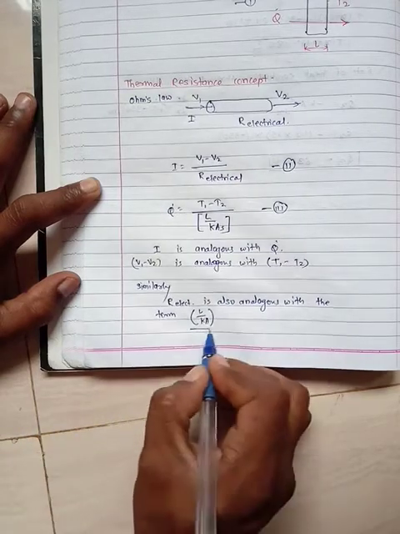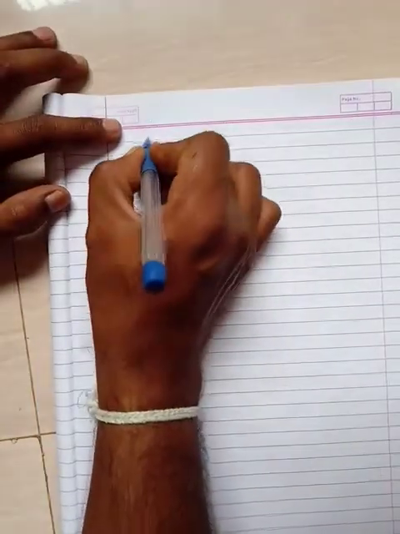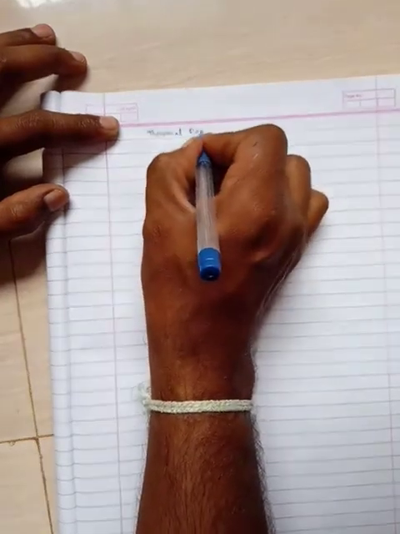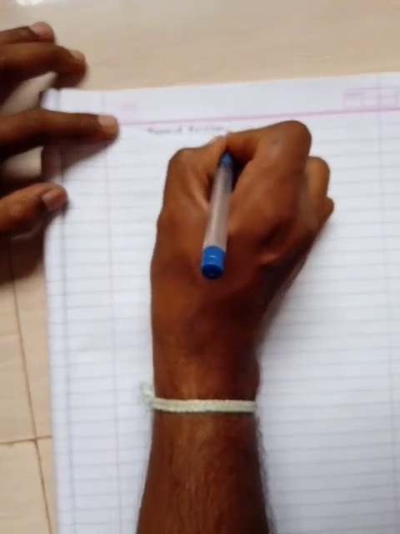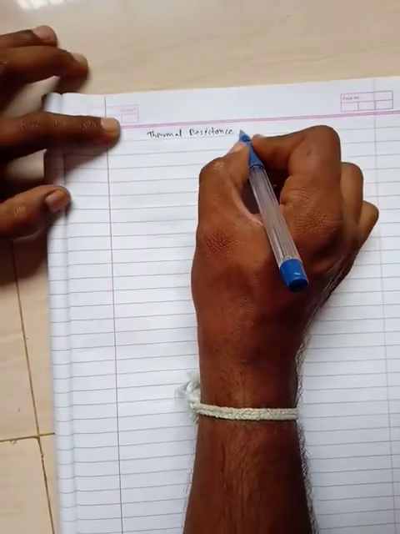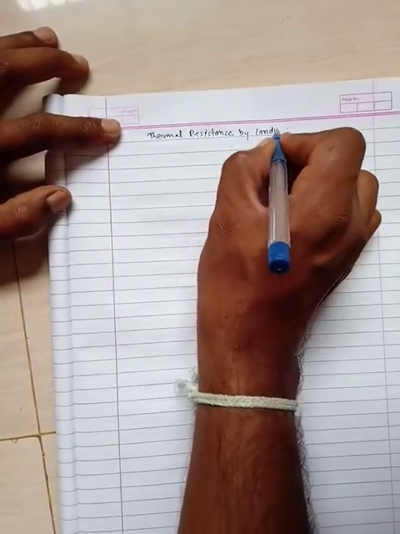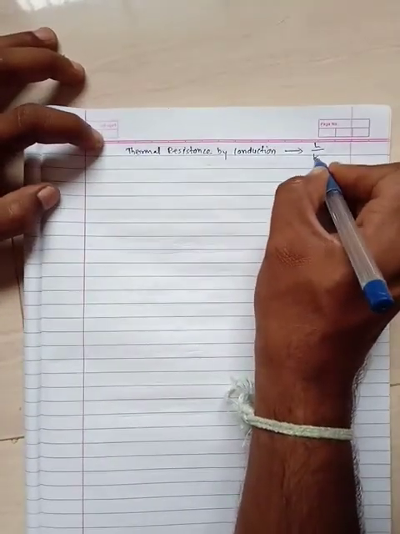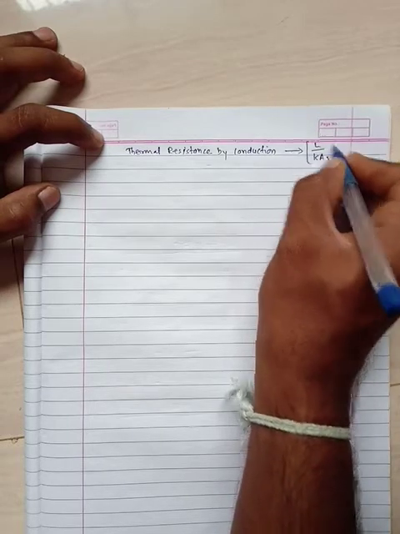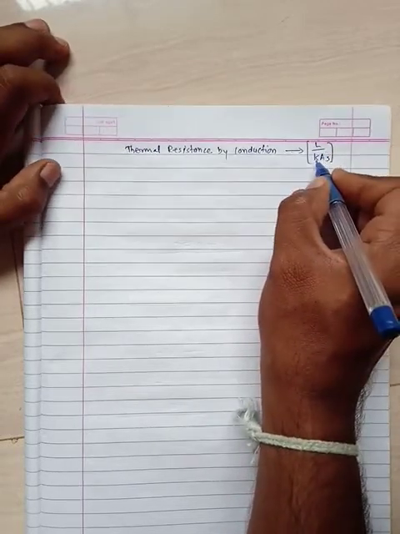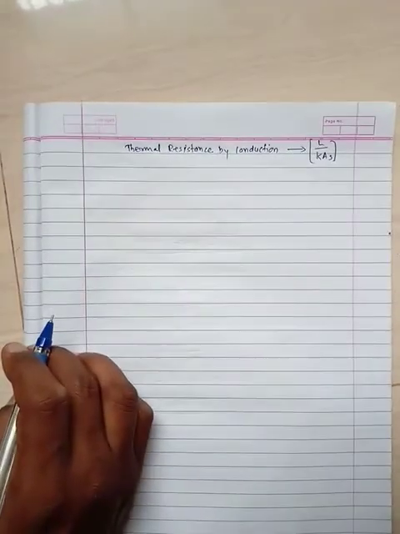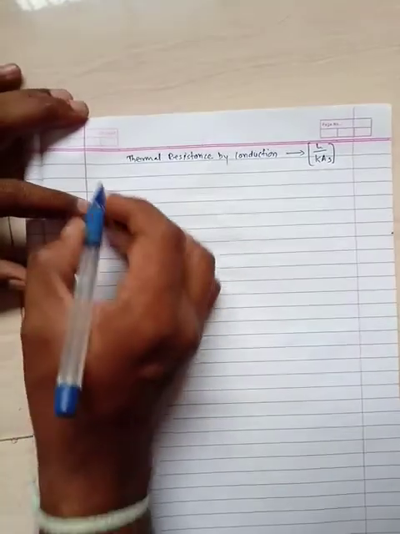So this term is known as the thermal resistance by conduction, L divided by kAs. Here L is the thickness of the wall, K is the thermal conductivity of the wall, and As is the surface area of the wall.